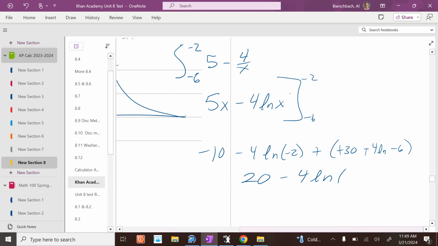Minus 4 ln of 2, plus 4 ln of -6, which would be 4 times ln of -6 minus ln of -2.